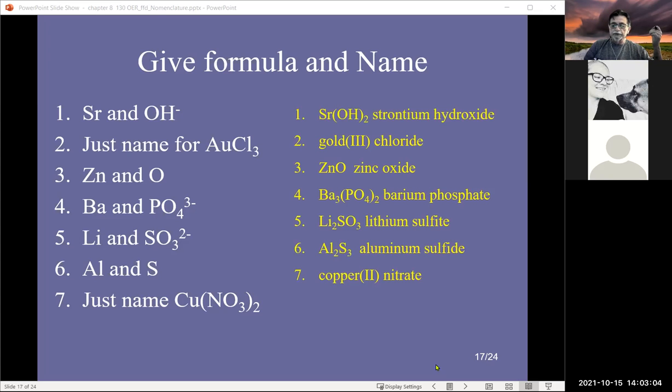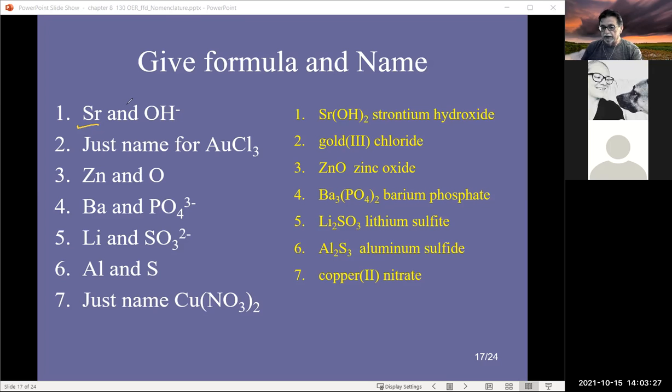Let's talk through these. Here we got Sr, which is strontium, and then we got the polyatomic ion hydroxide. So we got to put them together, but first we got to find where Sr is. Sr is a metal, and it is a group 2 metal.